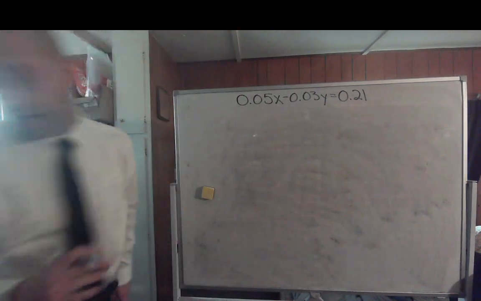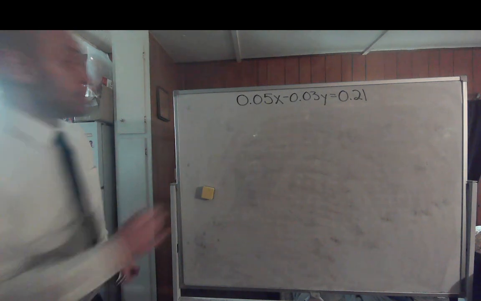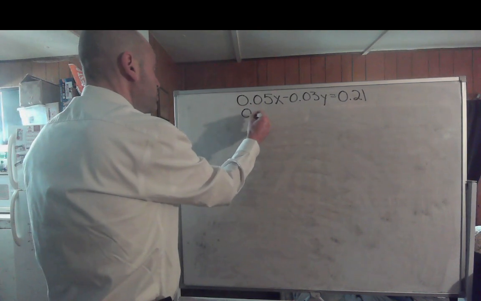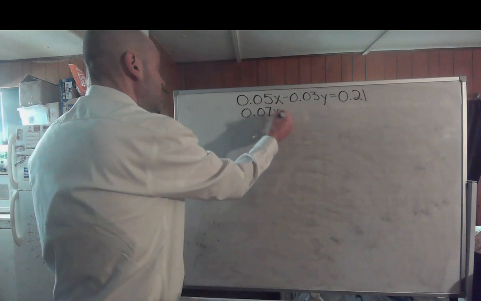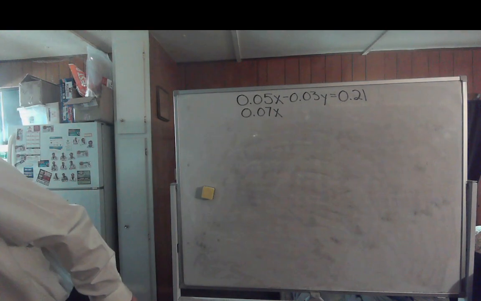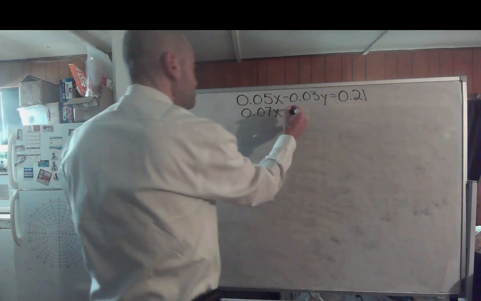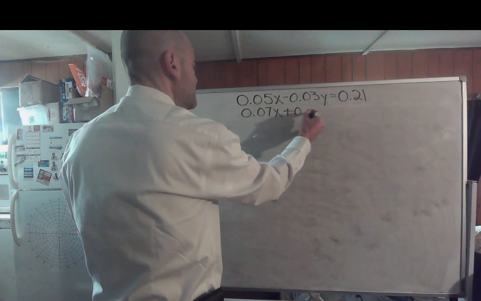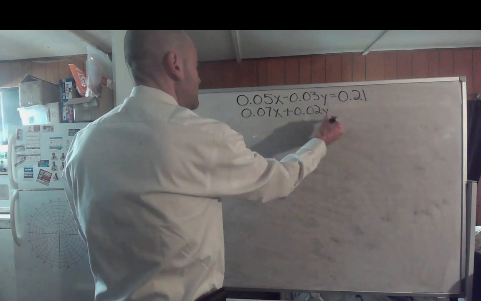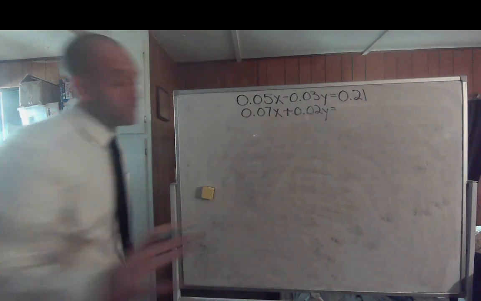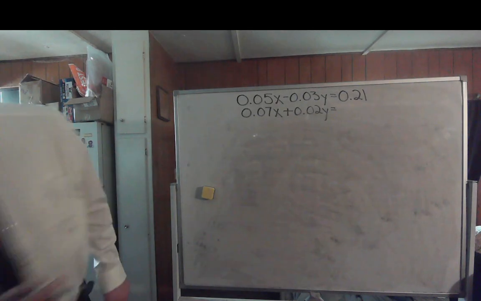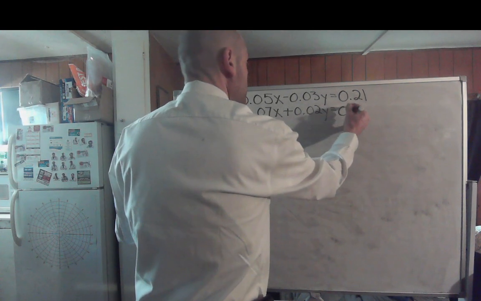And then you have 0.07x plus 0.02y is going to be equal to 0.16.